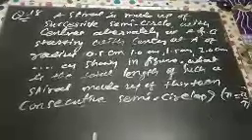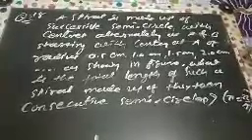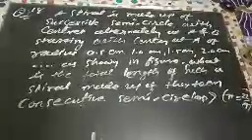What is the total length of such a spiral made up of 13 consecutive semicircles? Take pi equal to 22 upon 7.